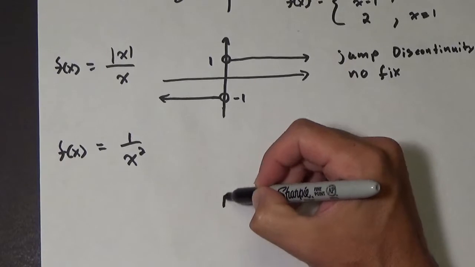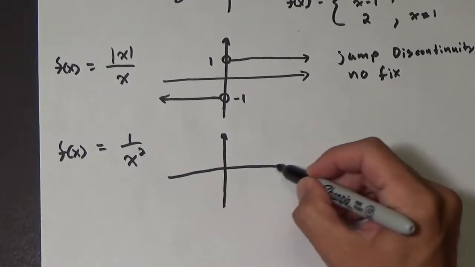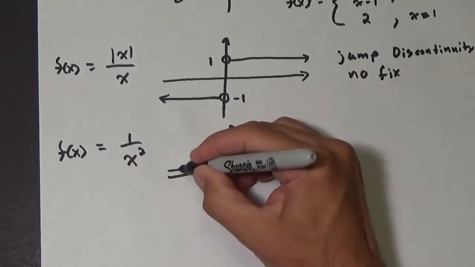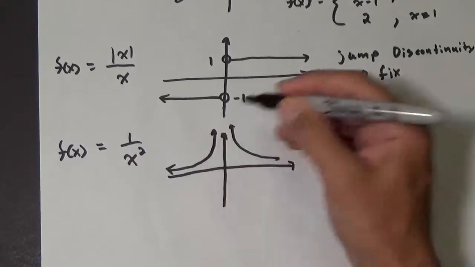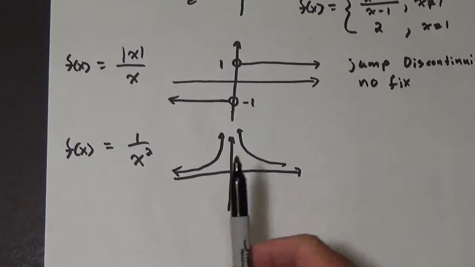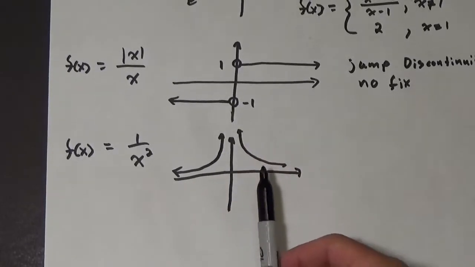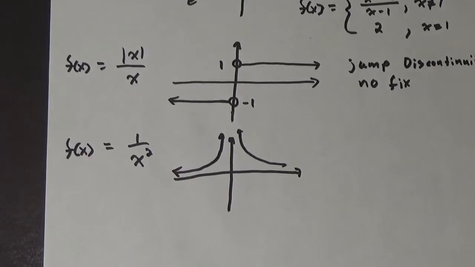Okay, so in this case, this function looks something like this. And so what we end up having is a vertical asymptote here. And you can't put in 0. Again, 1 divided by 0 is undefined, so that's not allowed.